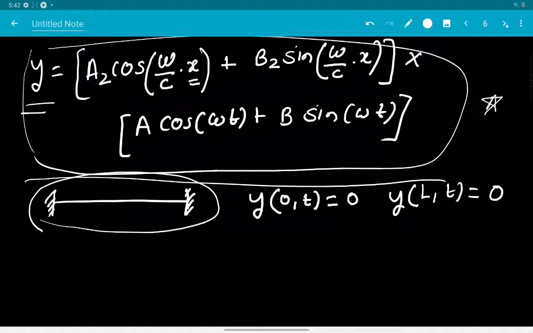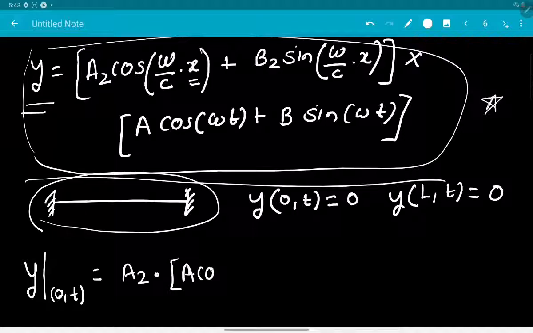If you put x equal to 0, then y at x equal to 0, at all time t, comes out to be equal to, the sine term will go away, the cosine term will give you 1, so you will be left with only a2 times this term sitting over here, A cosine omega t plus B sine omega t.